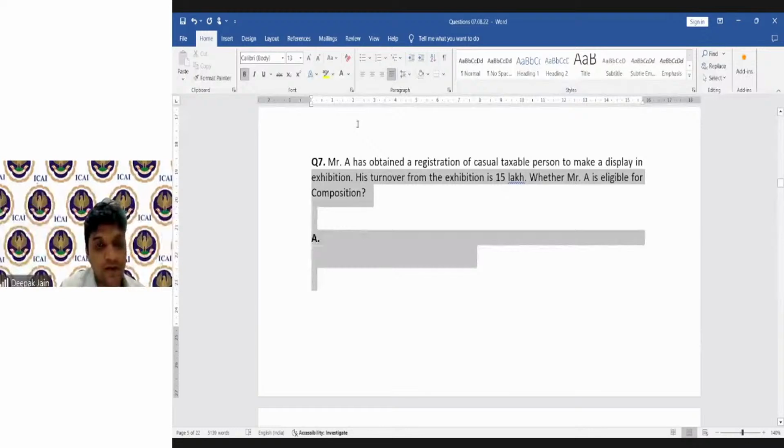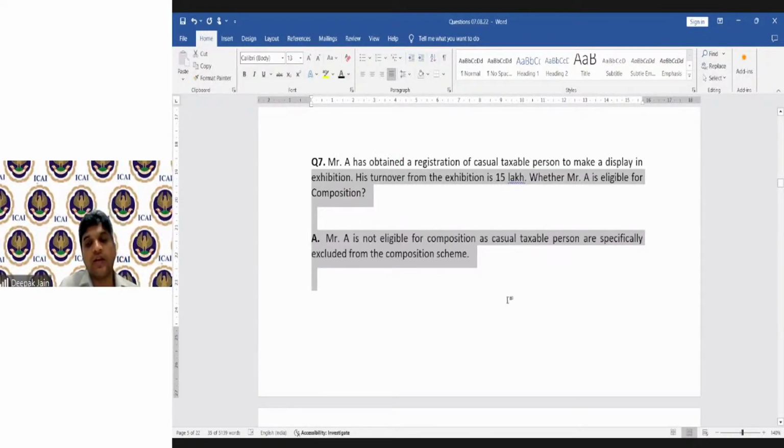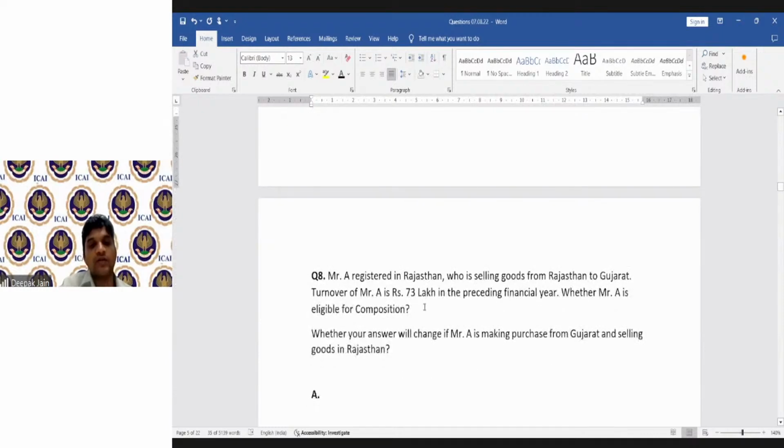Since a CTP, casual taxable person, is specifically excluded from composition, even if their limit is below 1.5 crore, they cannot opt for composition. Very true. Question number 8.